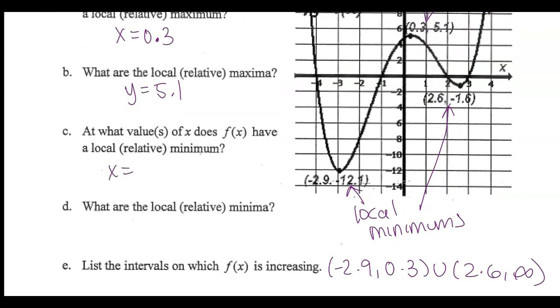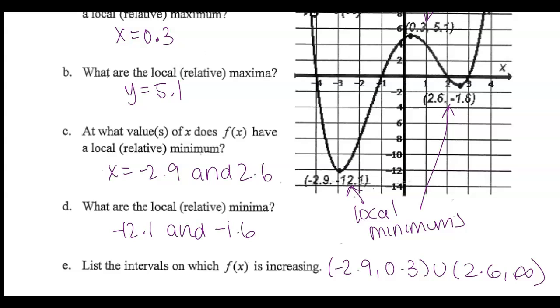So there's two of them. X should equal 2.6 and negative 2.9. And then for your local minima, it's not x, excuse me. It should be y equals negative 12.1 and negative 1.6. You can put y equals for both, but I'm just being a little lazy.